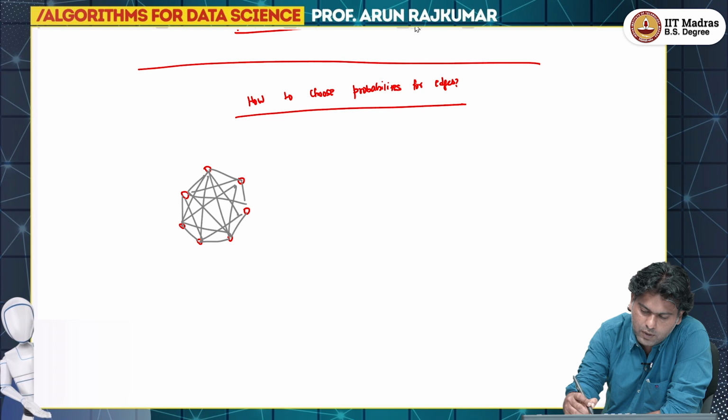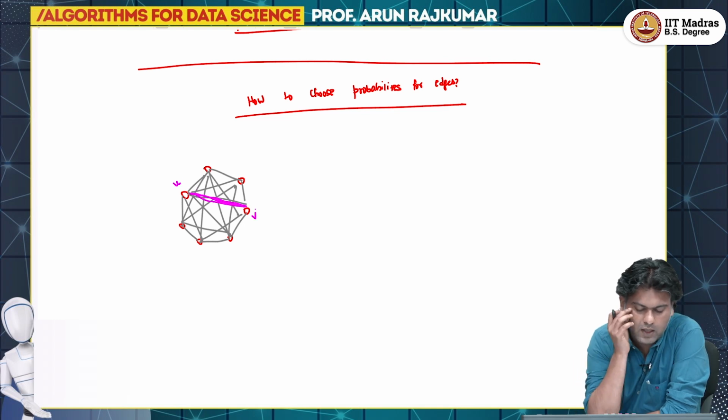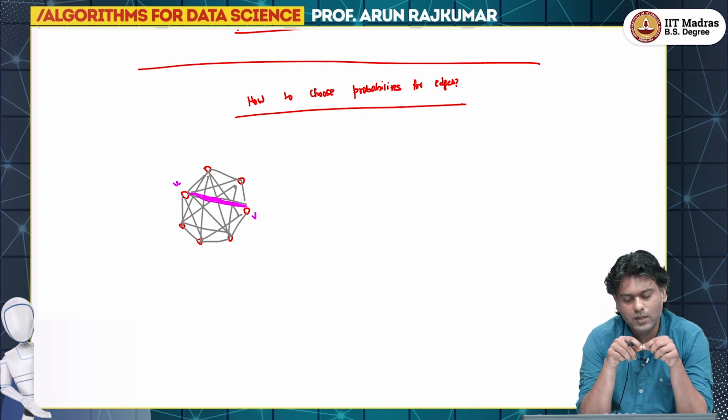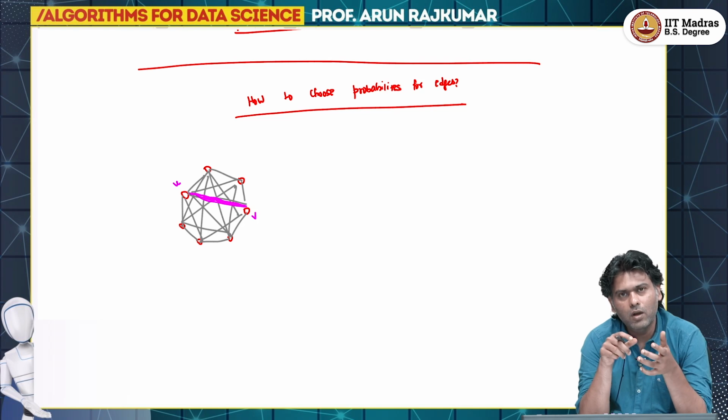Let's say I want to understand the effect of this edge, say this is u, this is v. Now, with respect to cuts, if this edge is gone, the cut sizes are not going to change so much, right? So, this edge is not critical for any cut.